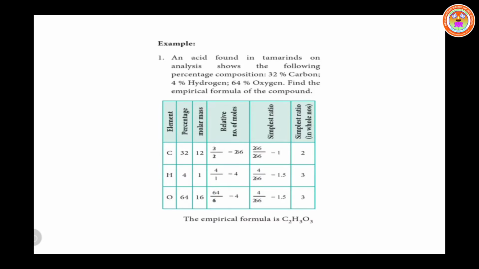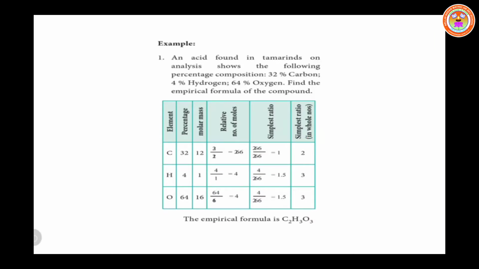In the third column we should write the atomic mass, children, not molar mass, atomic mass. In the fourth column we should write the relative number of moles of the elements, in the fifth column the simplest ratio of the elements, and in the sixth column the simplest ratio in whole numbers.